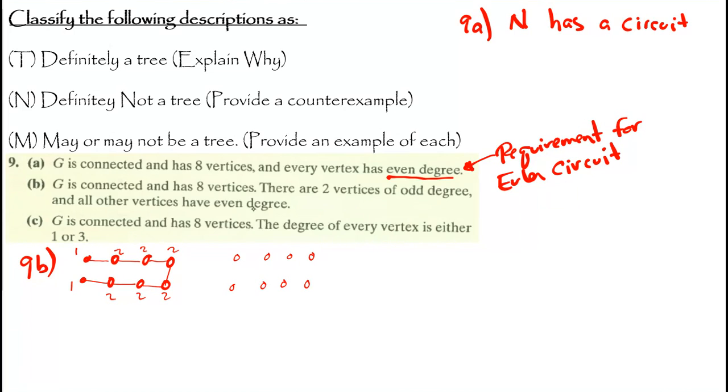And then I can draw this graph again. It's connected. There are two vertices of odd degree, and all of the other vertices have even degree.